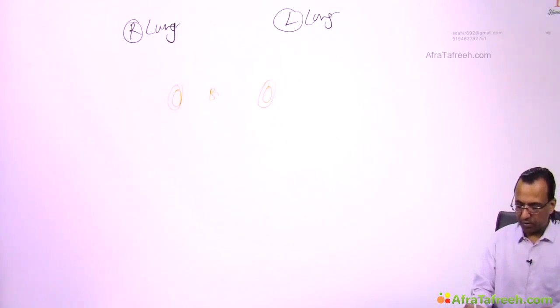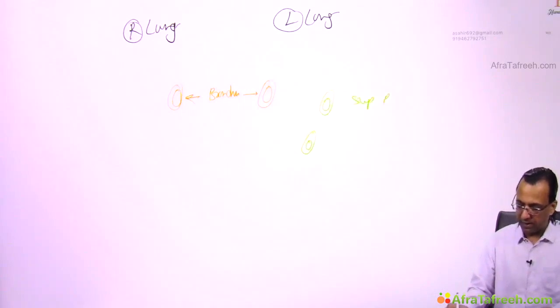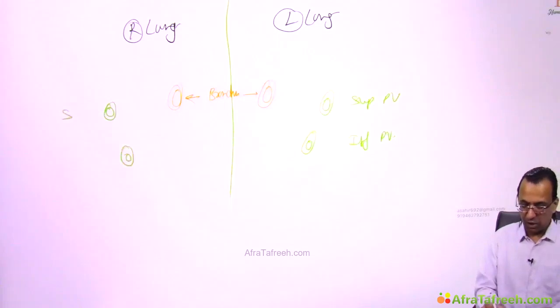What is anterior? There will be some veins anterior, and these are the superior pulmonary vein and inferior pulmonary vein on either side.